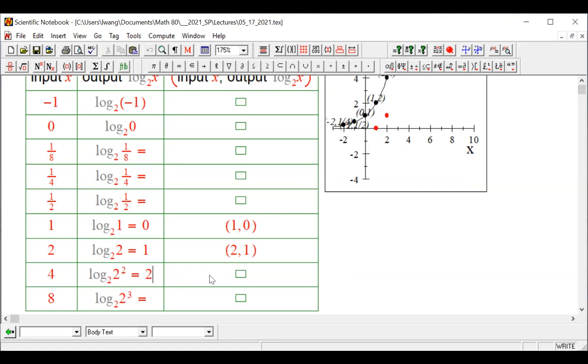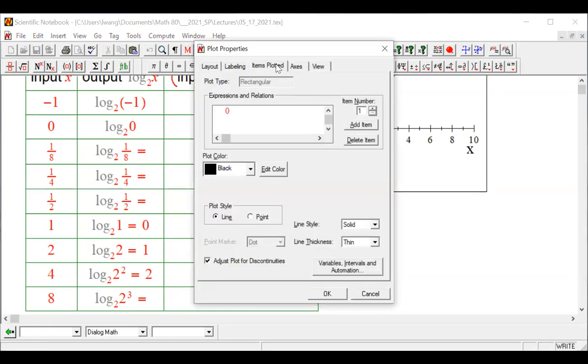That's going to be equal to 2. So input is 4, output is 2. We're going to put the next point on the graph. 4, 2, red dot.